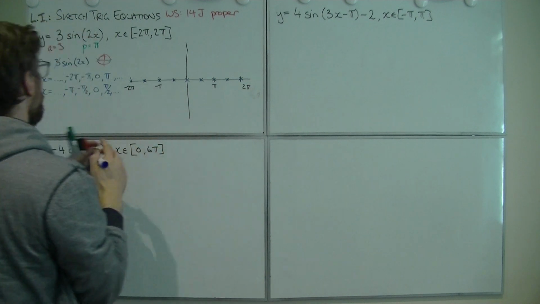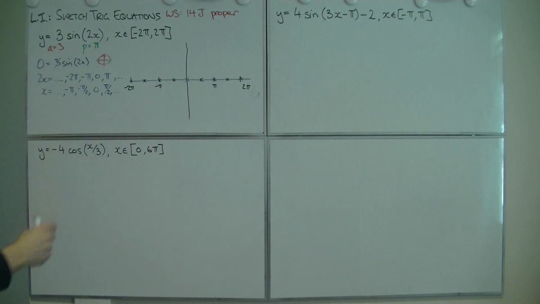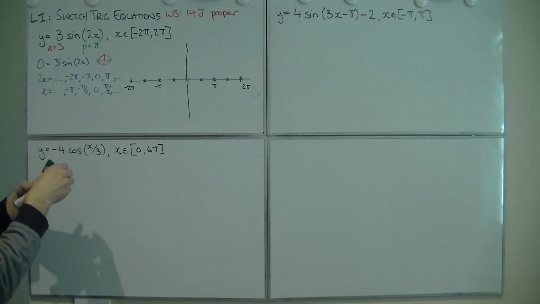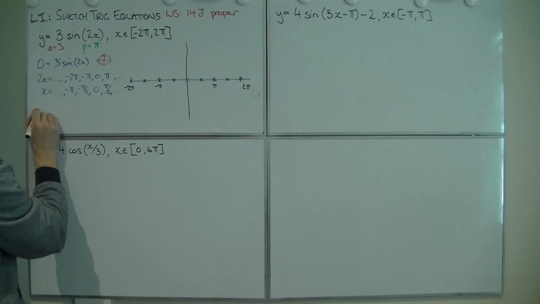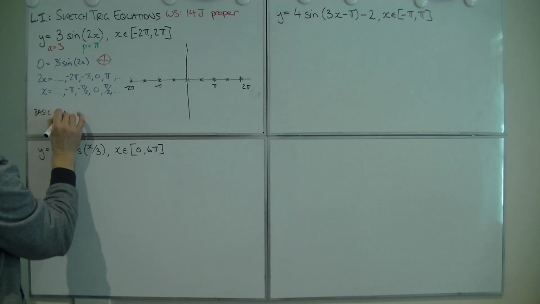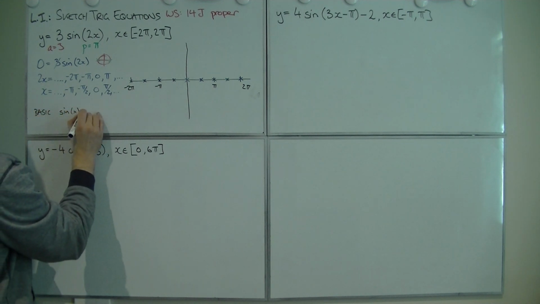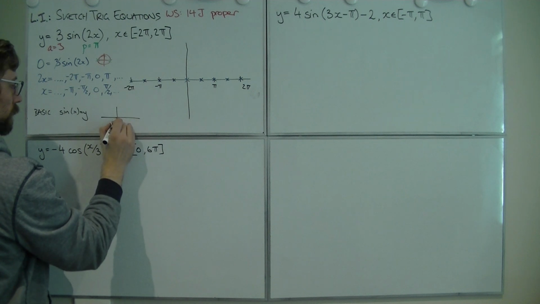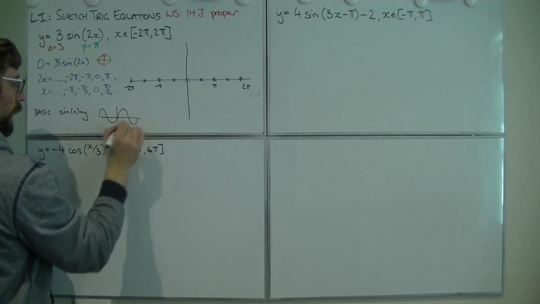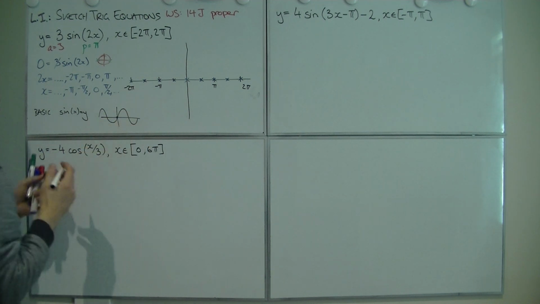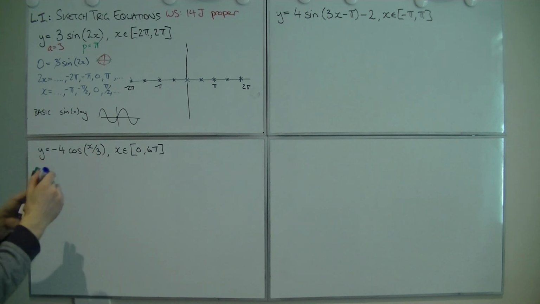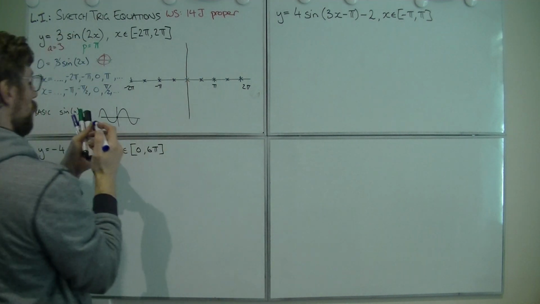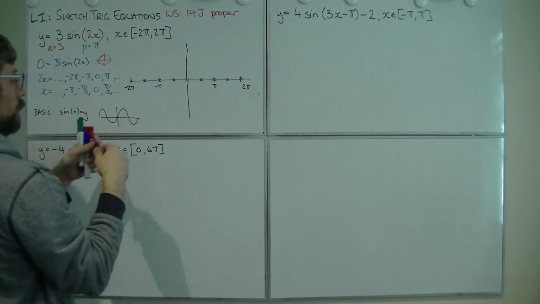Now, we have to think a little bit. What did basic sine look like? Hopefully we remember that basic sine, y equals sine of x, looked like that, where it starts going up. Well, we're going to start going up. I'll just draw it.